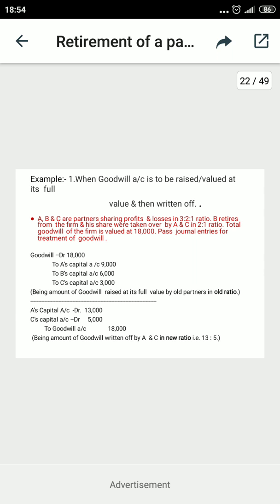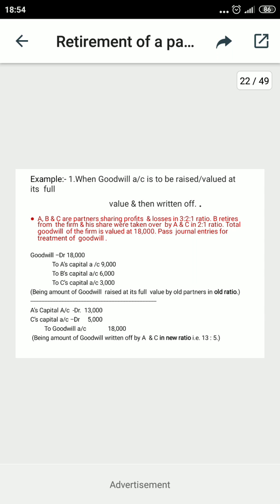First, goodwill is opened. Goodwill is a part of assets, so it will be debited with the full value 18,000. The old partners are three, including the outgoing partner: A, B and C capital accounts are credited, and the old ratio 3:1 will be applied.